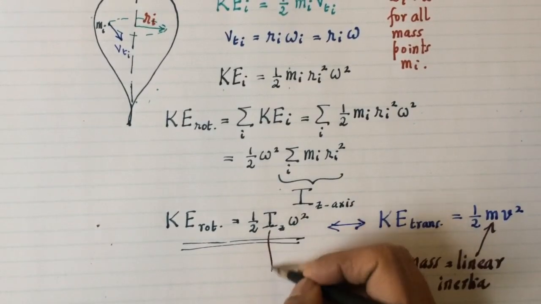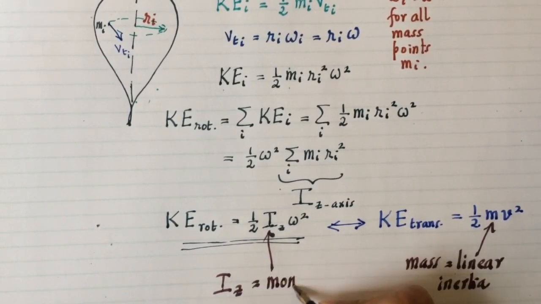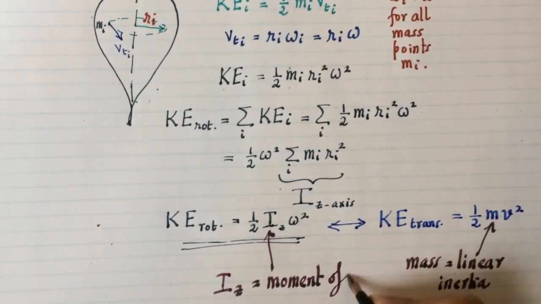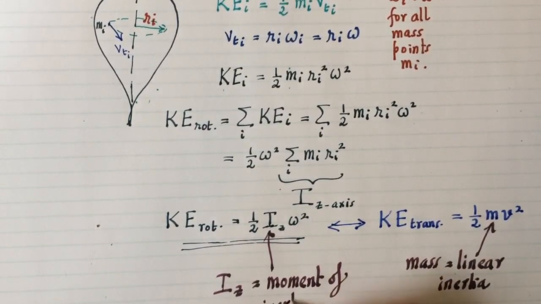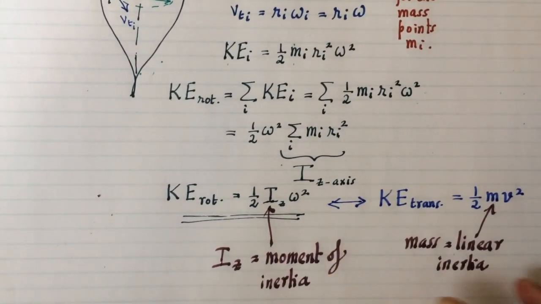Then in the same vein, this I_z is called the moment of inertia. Linear inertia tells us how easy or how hard it is to move something and how much energy is locked up in the motion of that thing. Rotational inertia gives us the same kind of information.